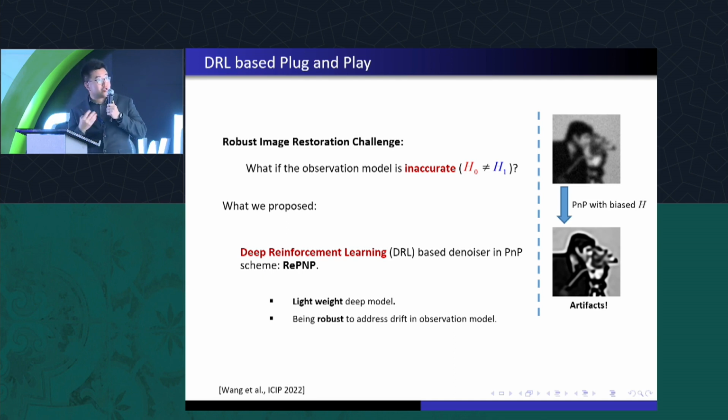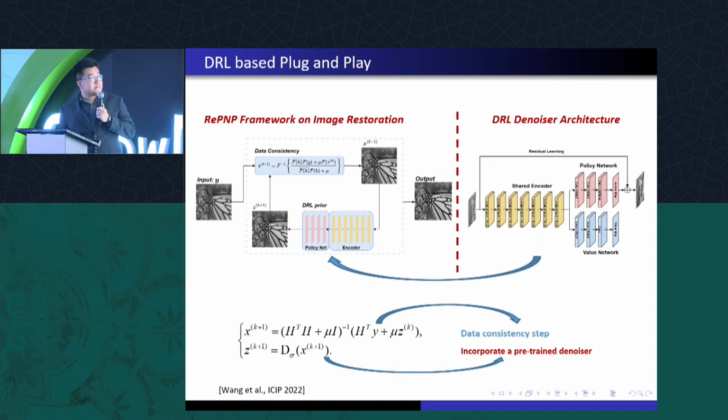That's a challenge. We think reinforcement learning methods have some unique merits on that because they end up with lighter weight deep models and are more robust to those drifts in the observation model in this case.